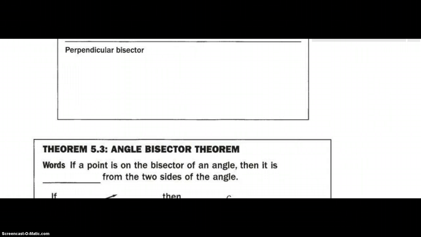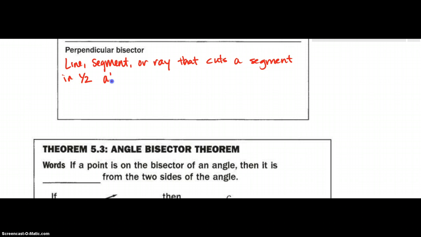And perpendicular bisector. Talk to me about perpendicular. Right angle. Talk to me about bisector. Cuts it in half. Okay. So it is a line, segment, or ray that cuts a segment in half, essentially, or bisects, at a right angle.